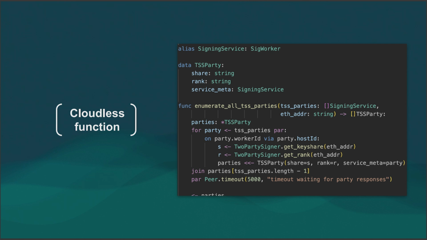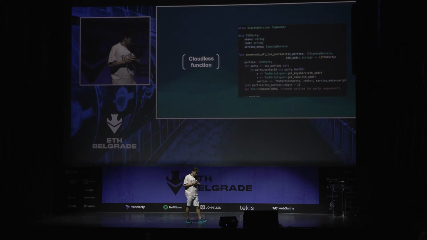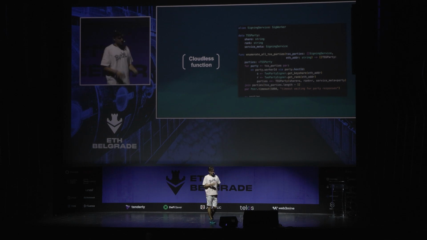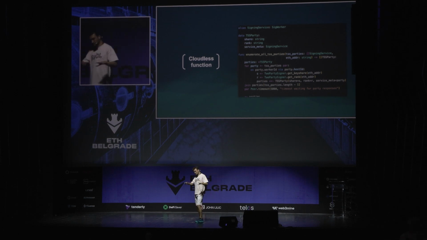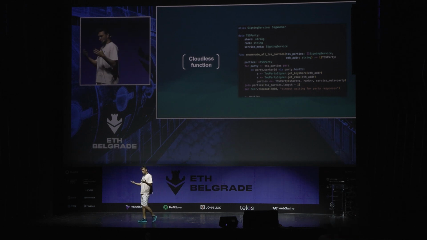You can see that by putting par there next to the for, we parallelize the computation so that the workflow happens at the same time, concurrently and in parallel on all the peers that are described by TSS parties.